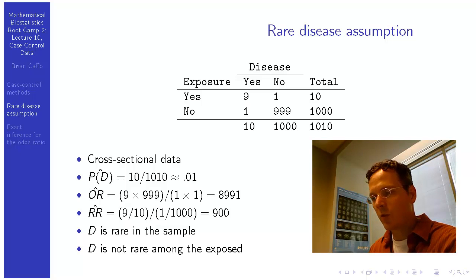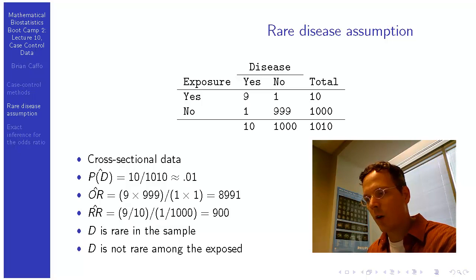So just from the data, and let's assume that this is cross-sectional data, so all the margins and everything are estimable. So the estimated probability of disease is about 1%. The odds ratio works out to be almost 9,000. The relative risk works out to be about 900.